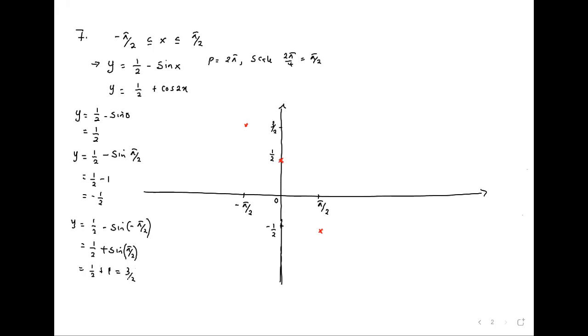So next thing, we can draw the curve. The curve is just something like this, for this one there. Then we got the other one. The other one is y is equal to half plus cos 2x. So let's get the period here.